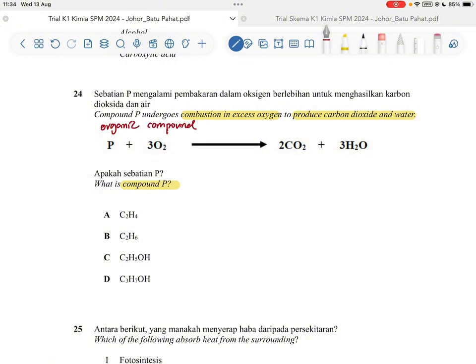This requires you to know this is a balanced equation. From the equation given, we have 2C, so definitely D is not acceptable. The second thing we can notice is that the H over here is only 6. We have 6 hydrogen atoms, so A will also not be the answer.